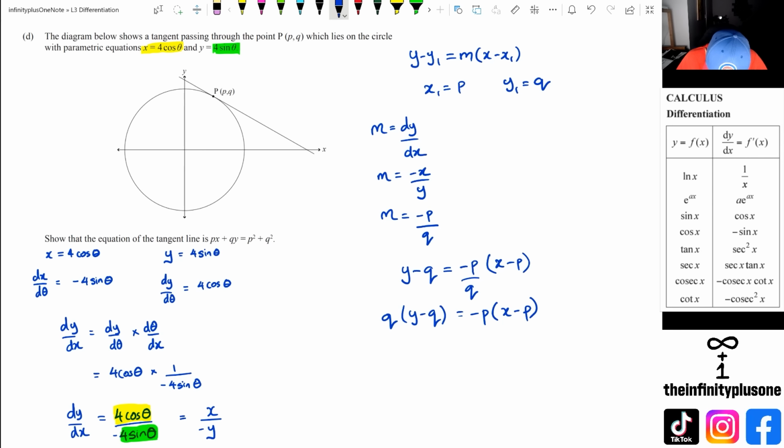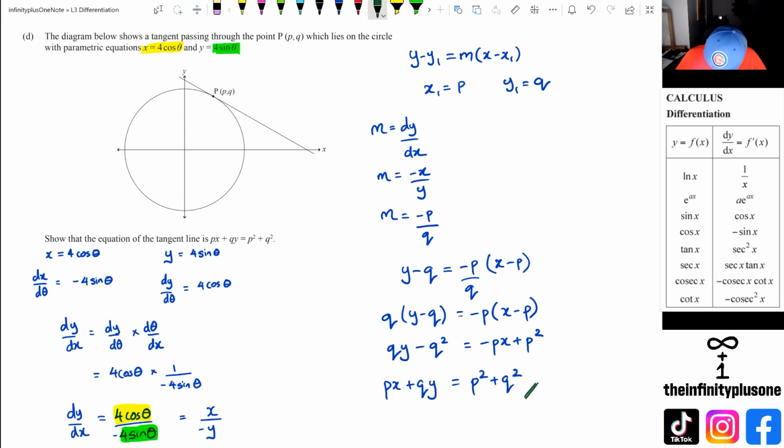So I've got qy minus q squared is equal to minus px plus p squared. Now the q squared goes to the right hand side and minus px comes to the left hand side. So I'm going to get px plus qy equals p squared plus q squared. And what I've done there is I've actually completed the proof.